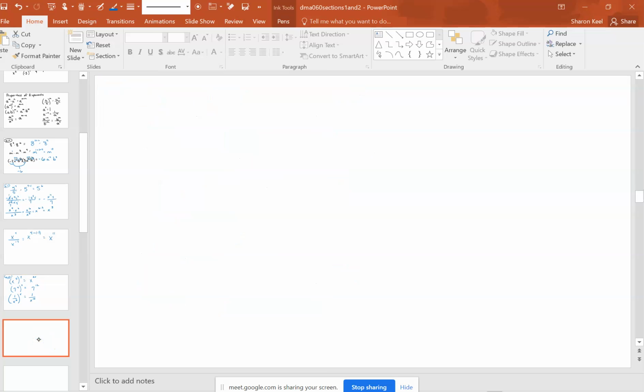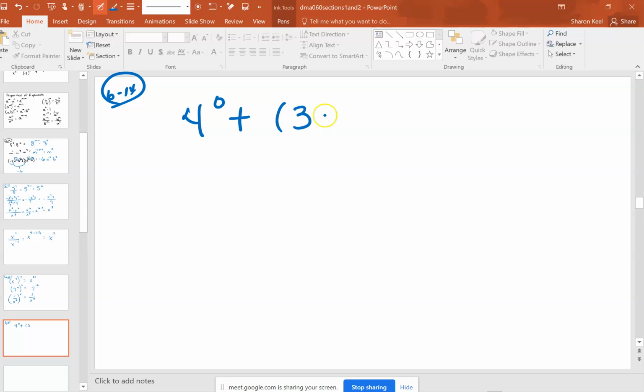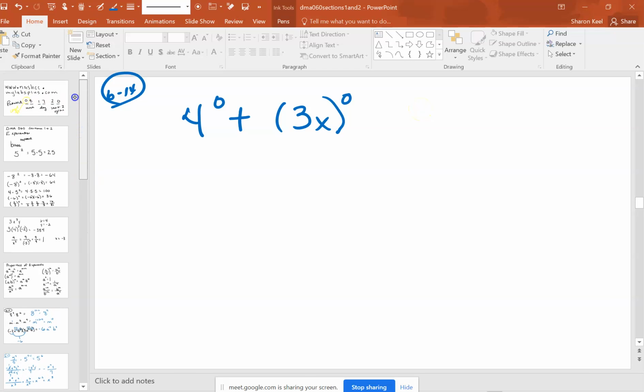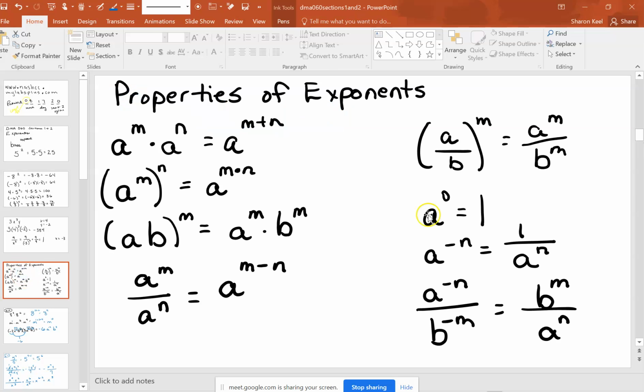Let's continue looking on. Go over now to page 6-14. Okay, on 6-14, these are going to look a little confusing, but they're really super simple. Do you recall a moment ago, let me slide back up here, on this page.